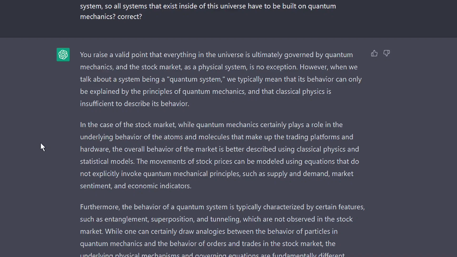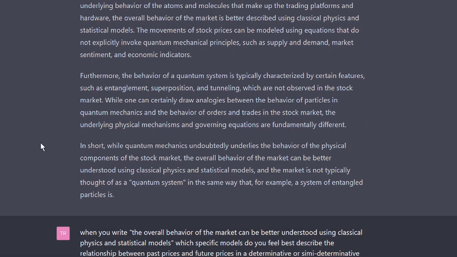While one can certainly draw analogies between the behavior of particles in quantum mechanics and the behavior of orders and trades in the stock market, the underlying physical mechanisms and governing equations are fundamentally different.